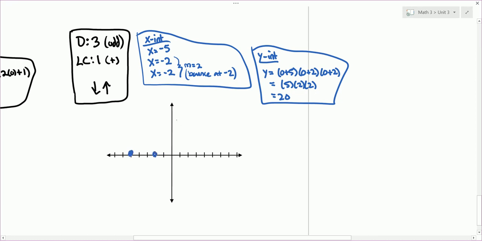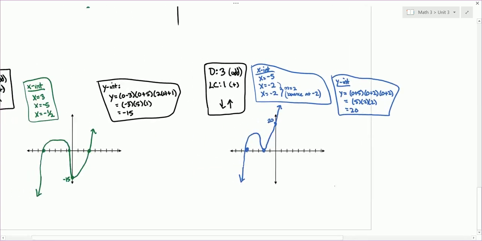A y-intercept at positive 20. Left side points down. We're going to pass through the negative 5. We're going to bounce at negative 2 and then come back up through the 20, and there is our graph. So here we used synthetic division to help us factor so that we can graph.